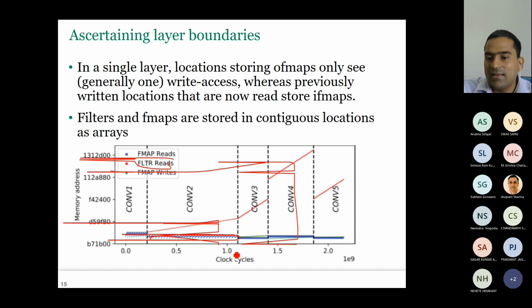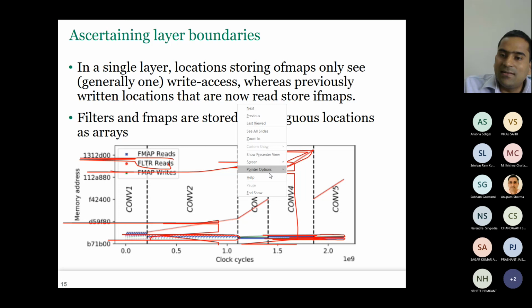That's why here you can see the spread for the feature map is very small. We have a very small amount of data for the input feature map, but we have so many filters. That's why a large range of filters is being accessed, right? The total filter data is very large because the number of filters is probably very high here.